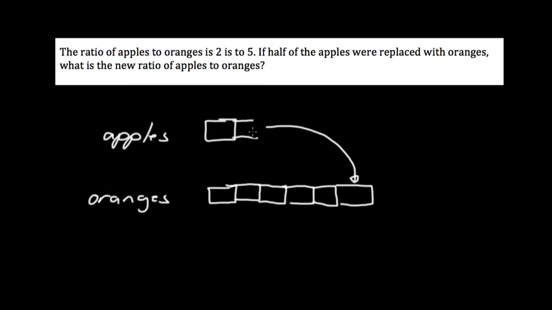So what we're being asked is, if we do that, what's the new ratio? Okay. So what do you think is the new ratio? The answer is, for every 1 apple, there are 6 oranges. So the answer is this.